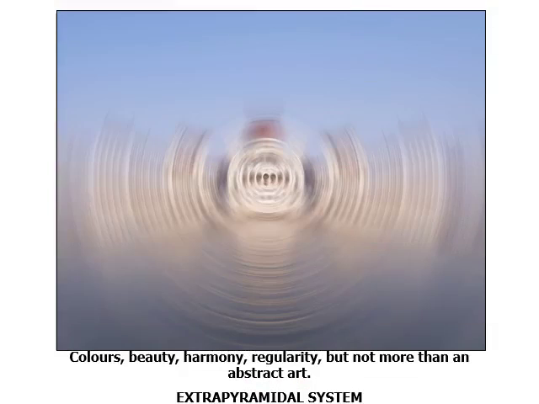Whereas for the extrapyramidal system, you can see the colors, the beauty, the harmony, the regulatory part, but not more than an abstract art. Meaning, in this picture, I can see colors. This might be the sky. It's blue, yes. I can see that the palace at the background is a brown or dark red color.